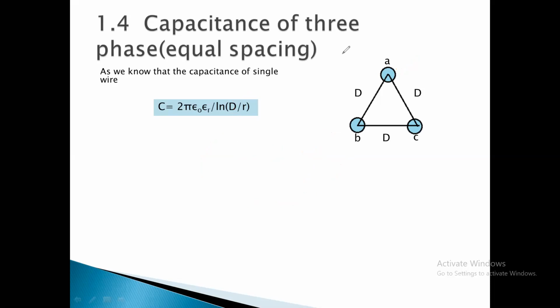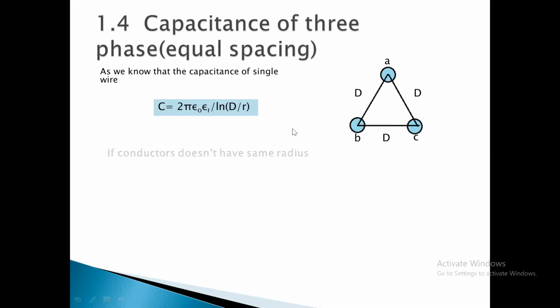So this is the case of 3 phase equal spacing, but like this, not like 1 2 3. If conductors are like 1 2 3, this is not equal spacing. In that case we have to find DAB, DAC for the first conductor, then DBC, DBA for the second, and then for the third conductor, for each one.